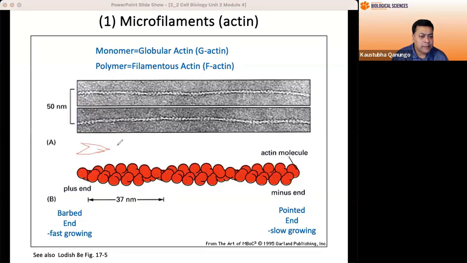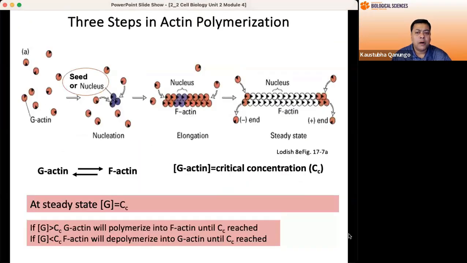This is the typical structure: the plus end is the barbed end, and this is the pointed end, the minus end. They are stacked upon each other as well. Schematically, think about it this way: the barbed end is fast growing, and then the pointed end. So let's take a look at the next part.